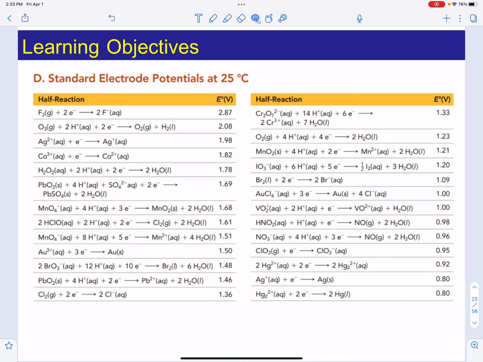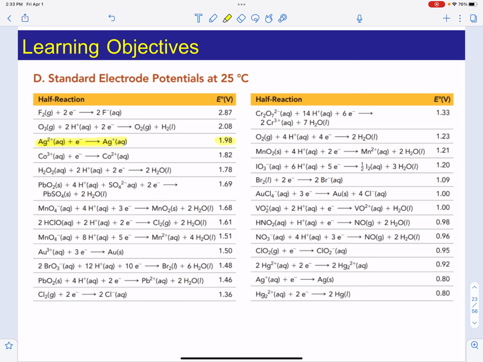For example, this tells you that the reduction potential of, let's see what would be a good example, the reduction potential of silver 2 plus, we're starting with silver 2 plus. The reduction potential of silver 2 plus is 1.98.